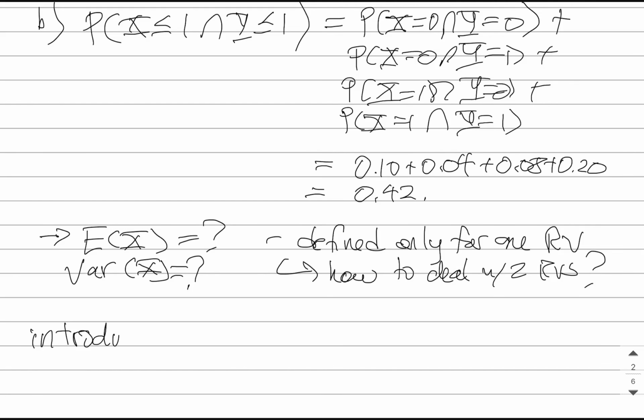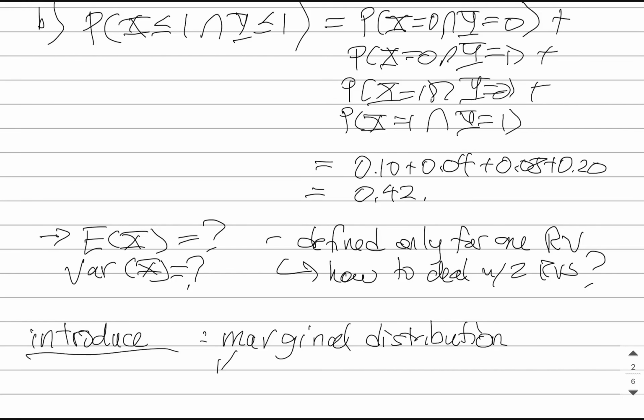What we have to do is talk about something called a marginal distribution. So a marginal distribution is in fact the tool that we're going to need to use to basically calculate these things. And in very simple language, what we're going to have to do is build a probability mass function for the x only and for the y only.